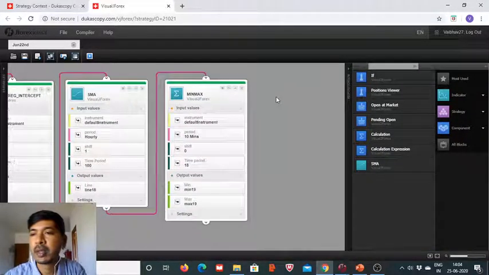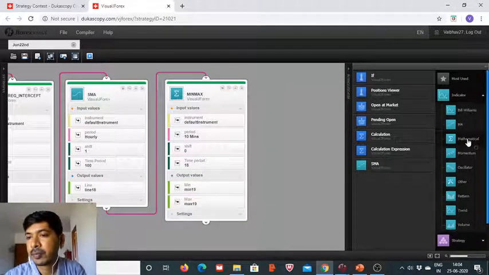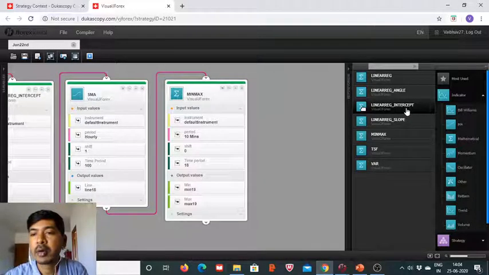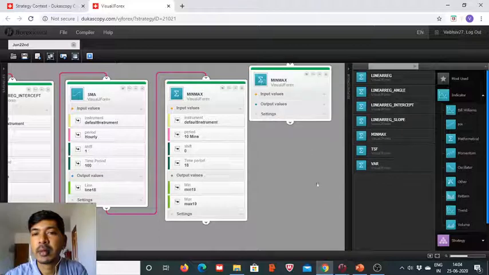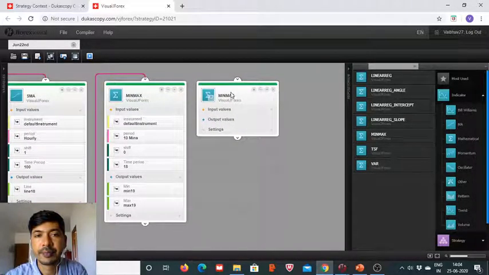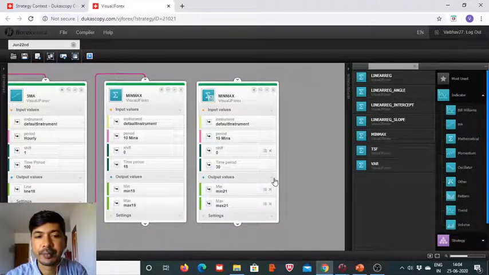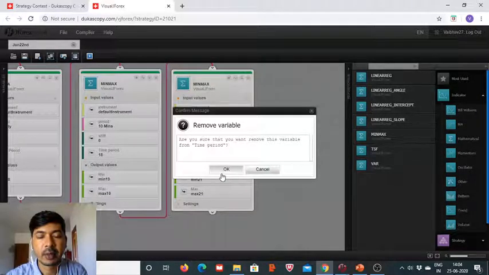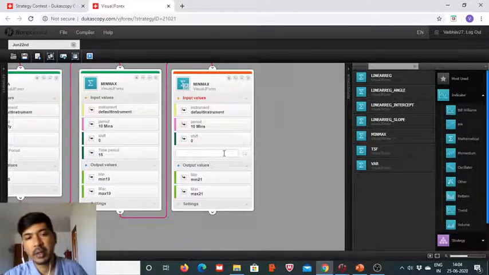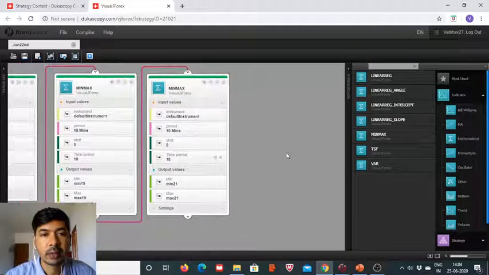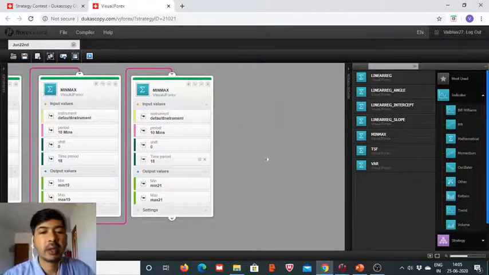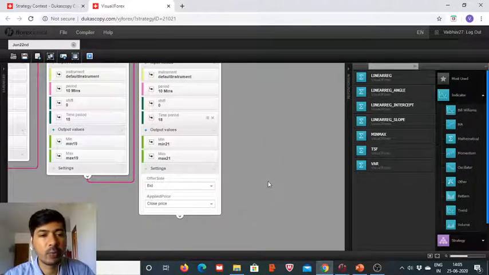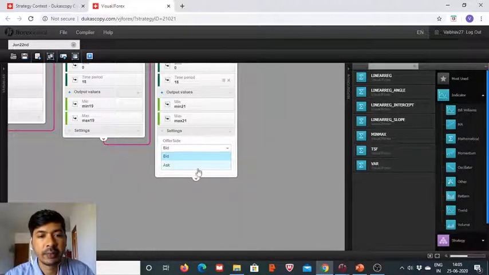So we now have to get here we have got the min-max, and this is going to be for 18 candles of 10 minutes each, and to make sure that we are getting the maximum value, we make it the ask and the high price.